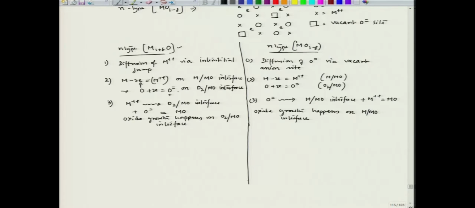For example, in this case let us say this is my oxide layer, which is MO, and of course this is nothing but M1+δO.